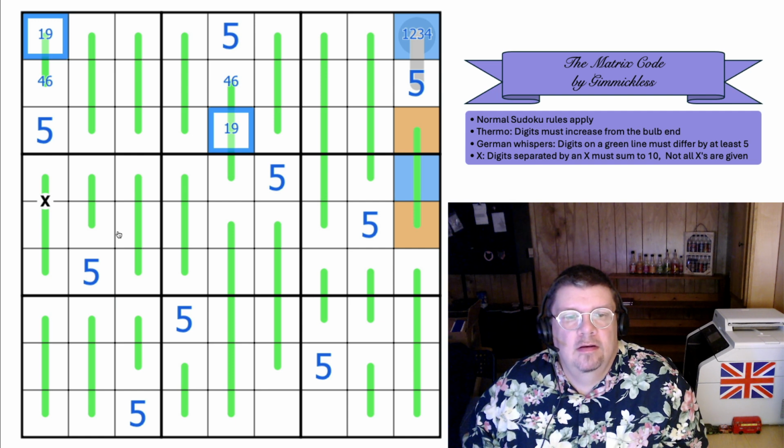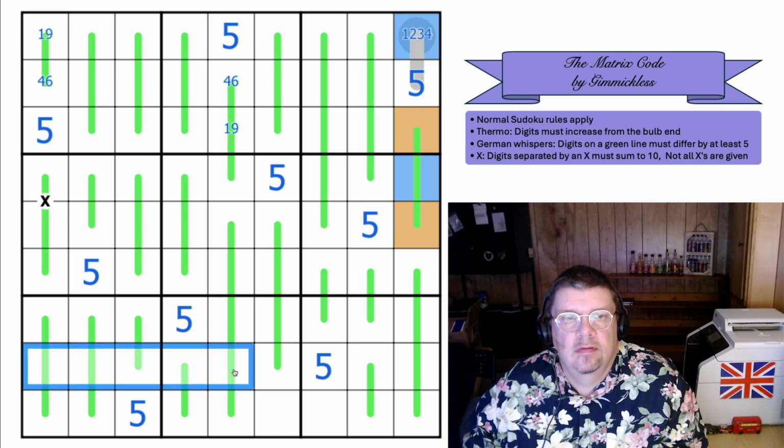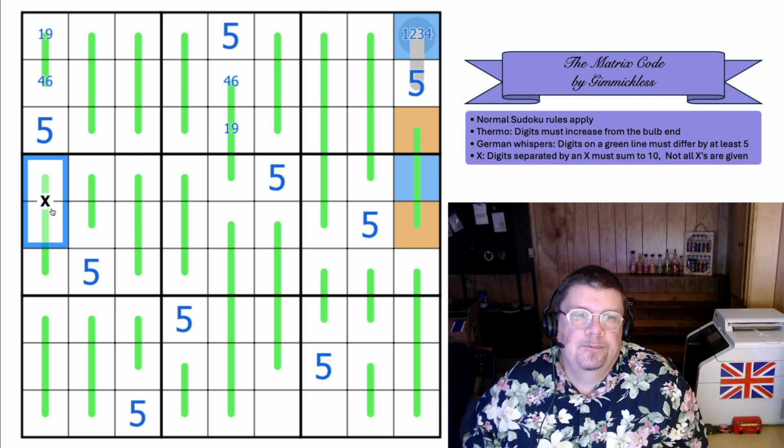Is there another? Okay, these here, let's look at the X. They can't be 4 and 6 because they're not far enough apart.